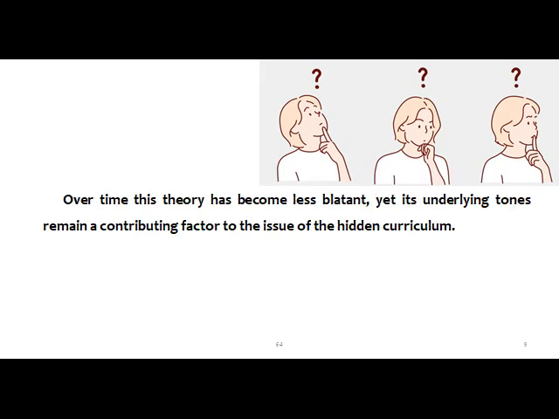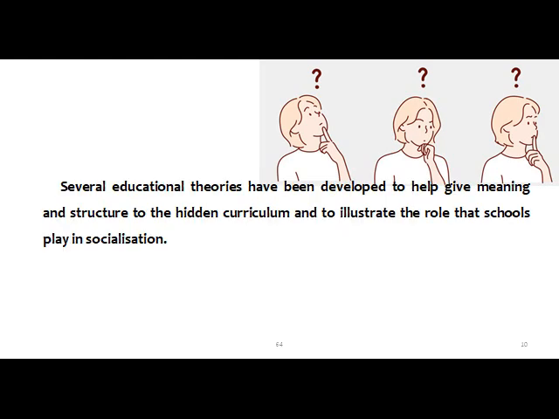Over time, this theory has become less blatant, yet its underlying tones remain a contributing factor to the issue of the hidden curriculum. Several educational theories have been developed to help give meaning and structure to the hidden curriculum and to illustrate the role that schools play in socialization.